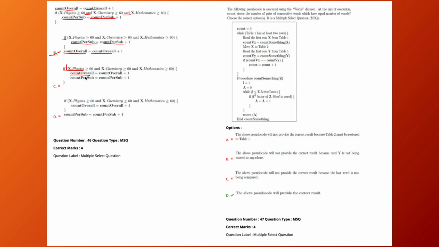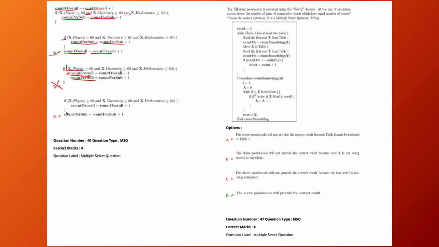So this is incorrect, because we are incrementing both these variables inside the nested if statement, which is not correct, because count overall is to be incremented in the outer if statement. So C was not correct, because it was an incorrect way of incrementing count overall.